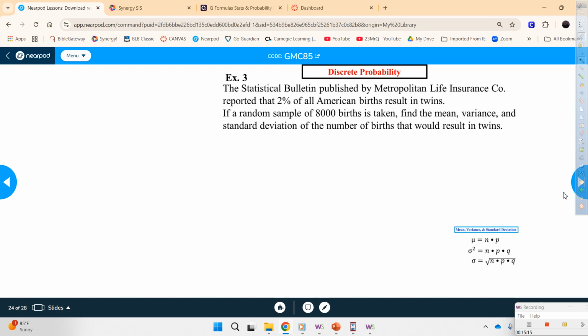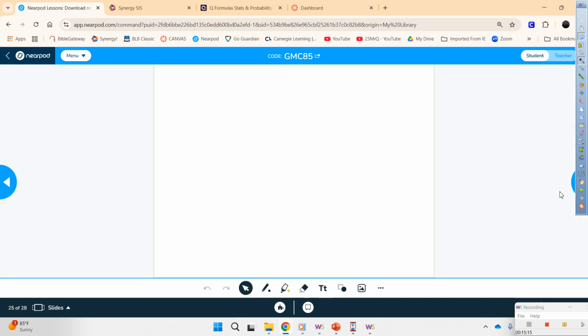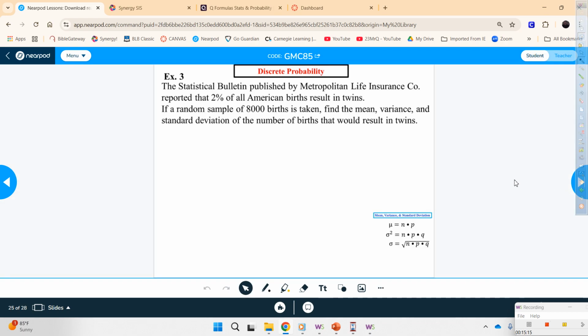So, for this one, we're not going to do this one, but I do want you to tell your neighbor what is N, what is Q, and what is P in decimal form. Talk to your neighbor. What are N, P, and Q? All right, write it on the screen, please. Send me your answer. What is N? What is P? What is Q? Write it on your screen, please.